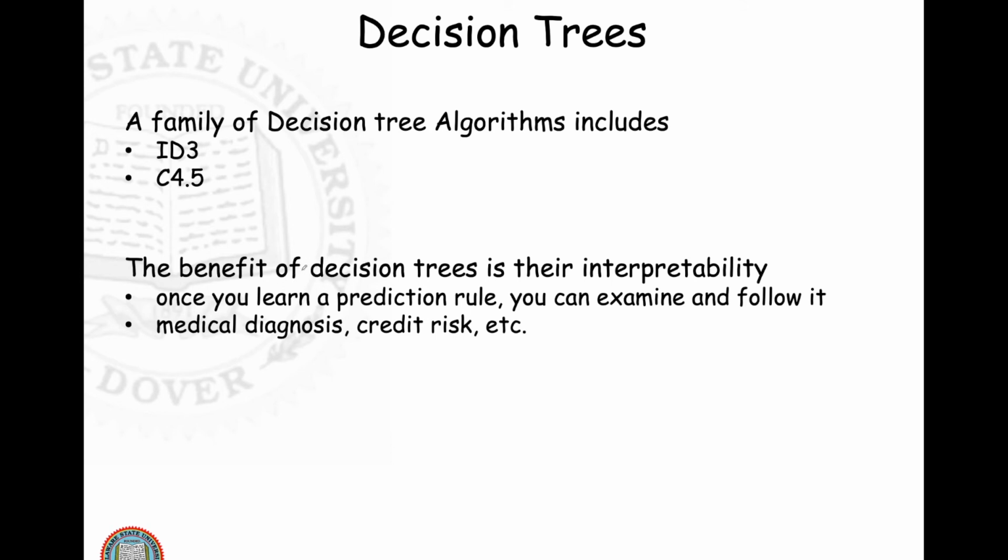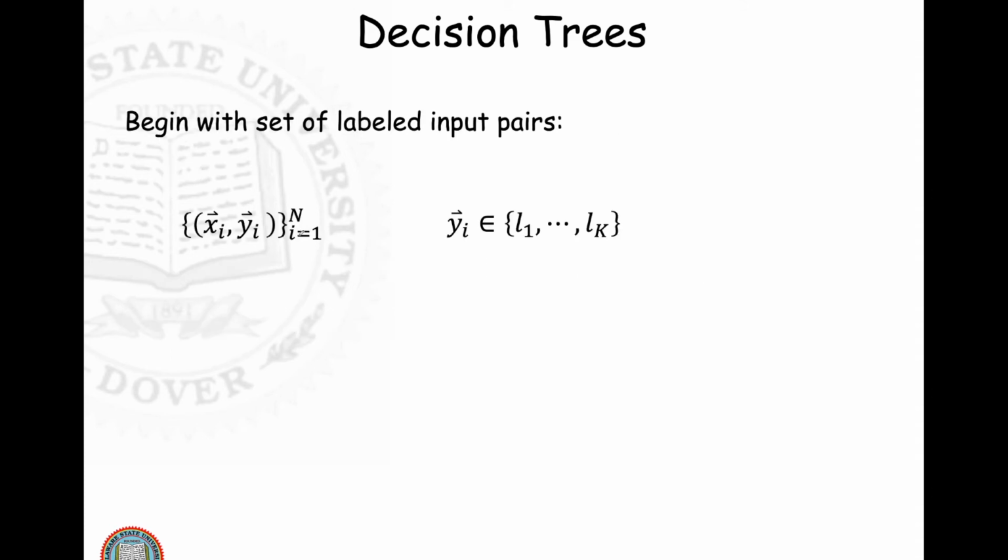Well, the tree said your income was lower than a certain amount, your years in residence was lower than a certain amount, etc. And so interpretable models are really, really good because you can now use those model decisions as the basis of real decision making, and it's explainable.